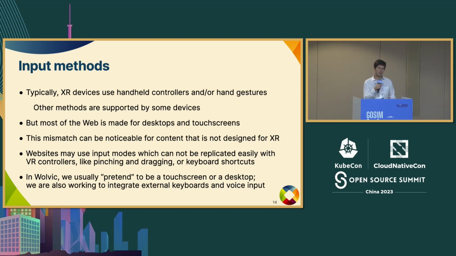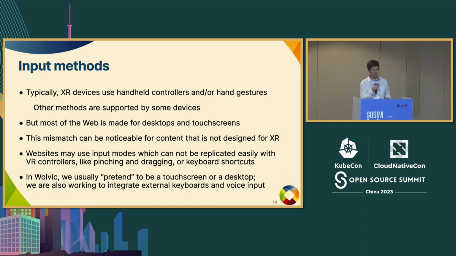So this means that there's a mismatch between the input methods that the websites usually expect and the input methods that the devices provide. So usually at Wolvic, we solve this issue by pretending to be a phone from the point of view of the website, or sometimes we need to pretend to be a desktop. But sometimes this mismatch can be noticeable.